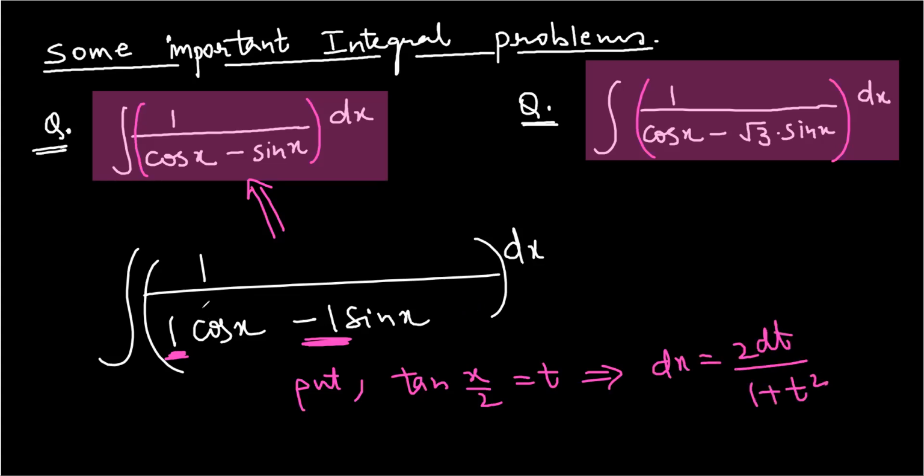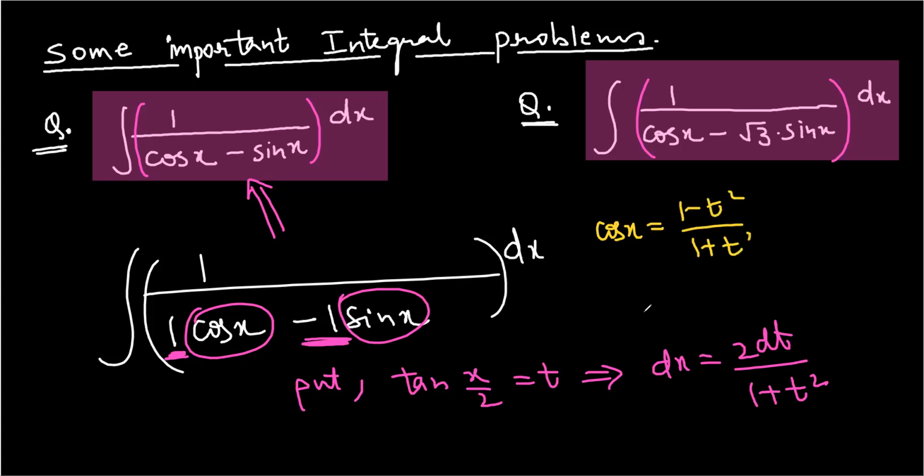And for cos x and sin x, you substitute in terms of t. For cos x, with the help of the formula, 1 minus tan square x by 2 upon 1 plus tan square x by 2, it will become 1 minus t square upon 1 plus t square. And for sin x, using the half angle formula in terms of tan, 2 tan x by 2 upon 1 plus tan square x by 2, you get 2t upon 1 plus t square.